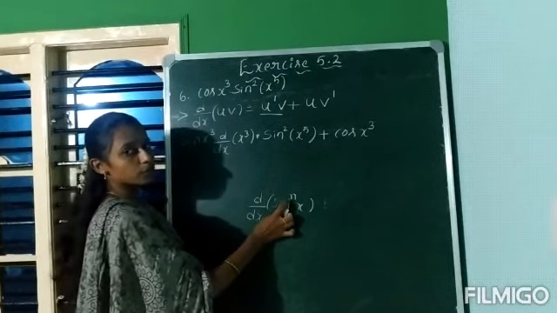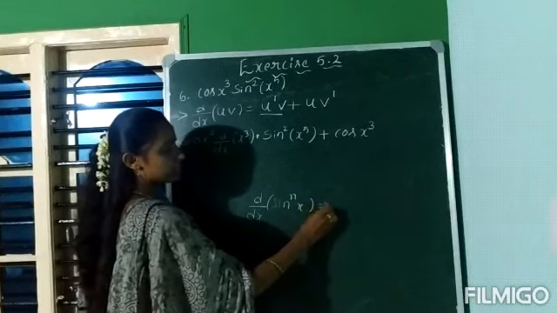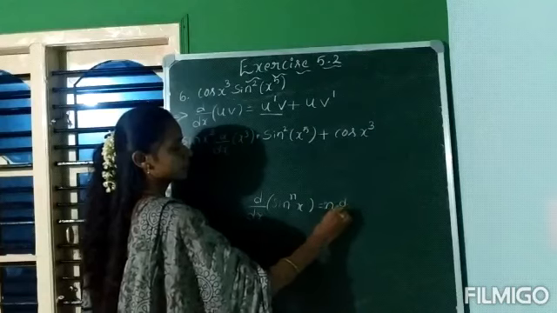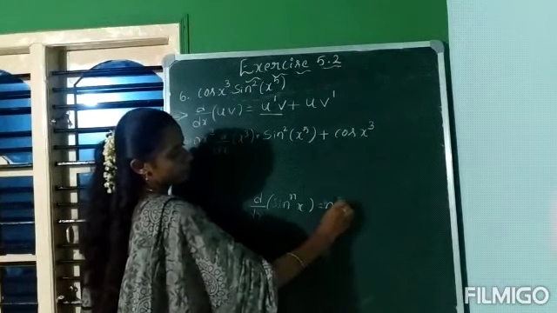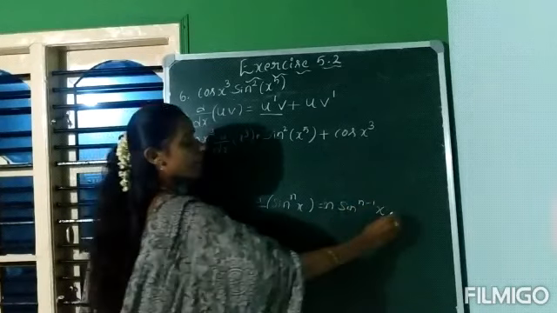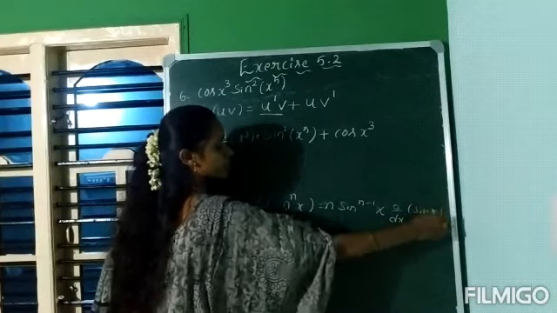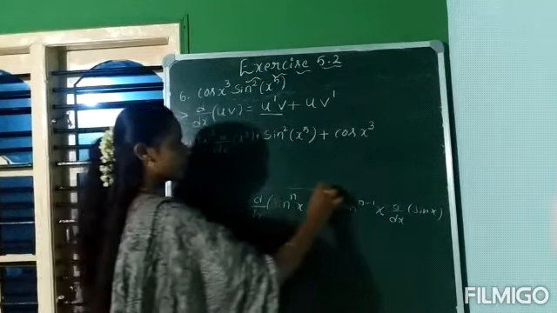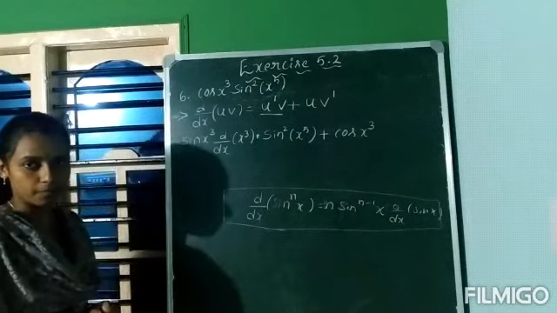If this is some positive power of a trigonometric function, we can write that as n into sine to the power n minus 1 of x, times the derivative of sine x. This is the formula for a trigonometric function when its power is a positive number.